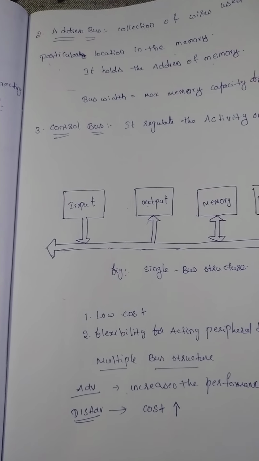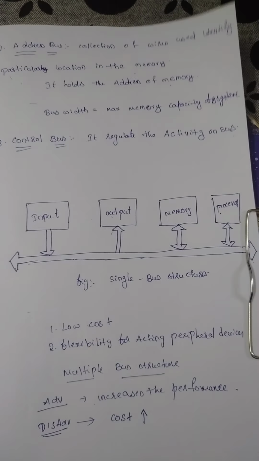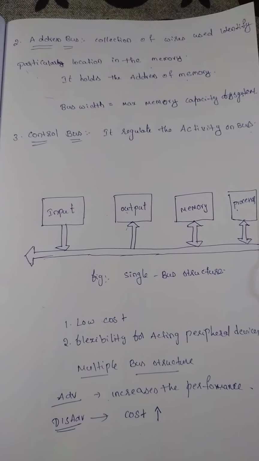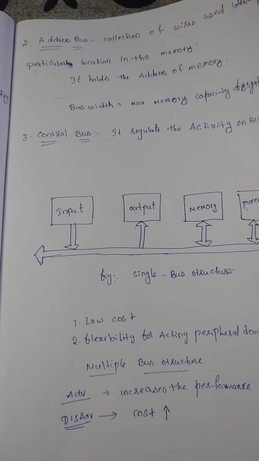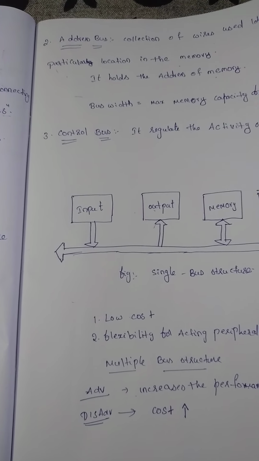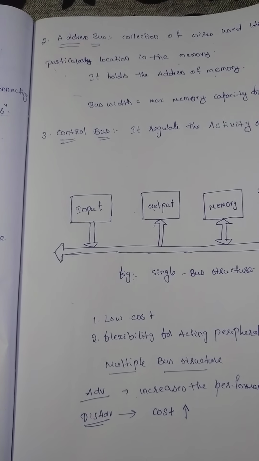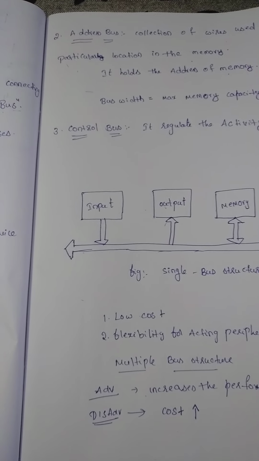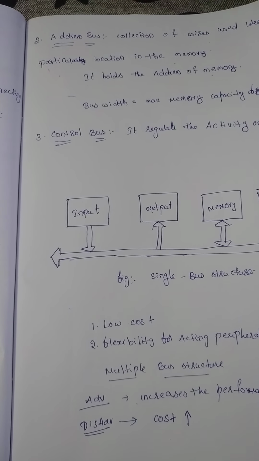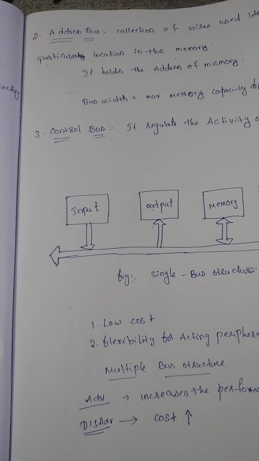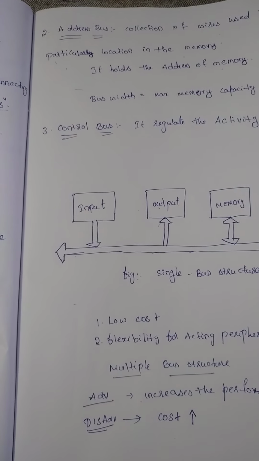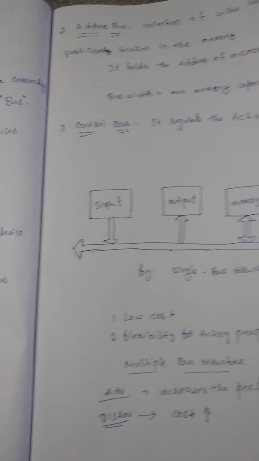A common approach is to use buffer registers with these devices to hold the information during transfers. So to make all the devices work at the same speed, we use buffer registers, which hold the information during the transfer of data.